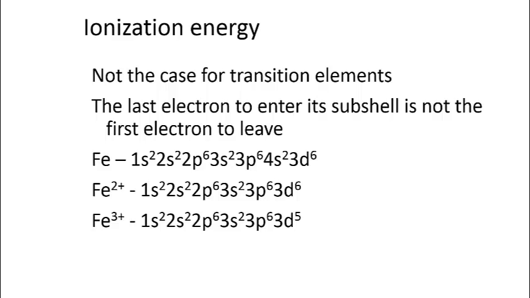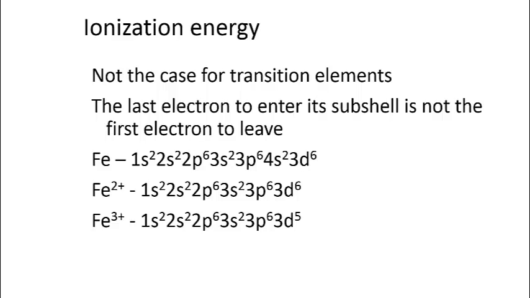We can examine the electron configuration of iron's two cations, which are Fe2 plus and Fe3 plus, and then we can compare them to their ground state electron configuration. So this is iron's ground state electron configuration: 1s2, 2s2, 2p6, 3s2, 3p6, 4s2, 3d6.